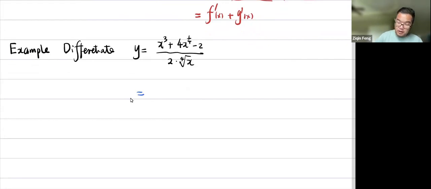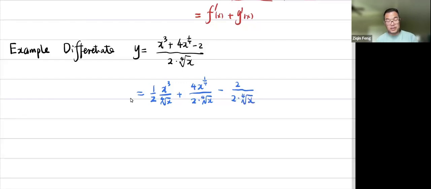This is 1/2 x cubed over the fourth root of x, plus 4 times x to the 1 over 4 over 2 times the fourth root of x, minus 2 over 2 times the fourth root of x. You can split it.